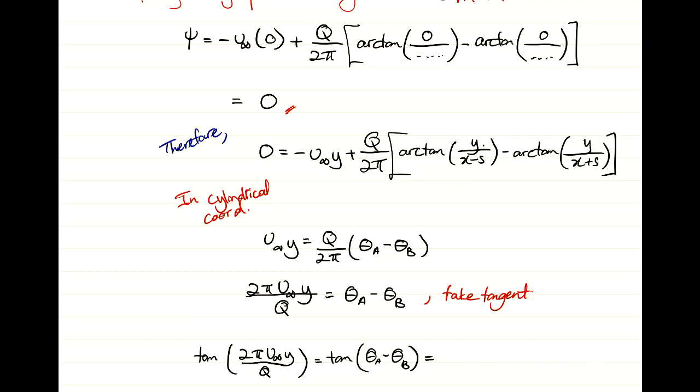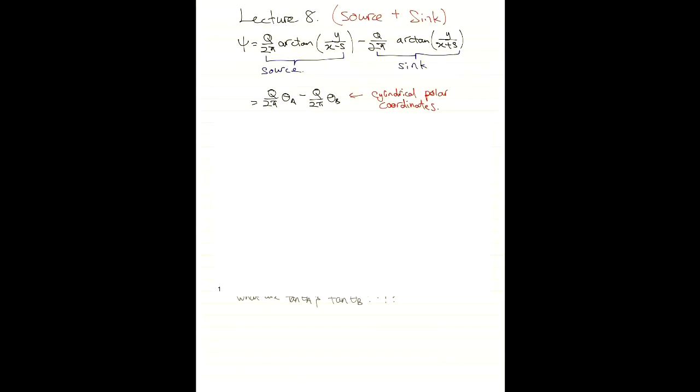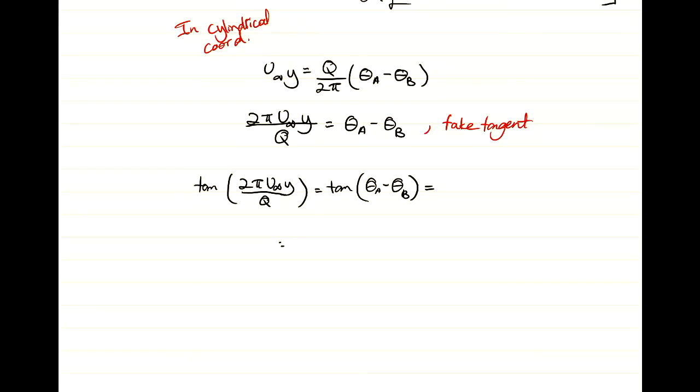Okay, and do you know how I can expand this? Do you know what this term is? It looks very similar, right? Didn't we do something similar before? Go back a few pages in the notes.